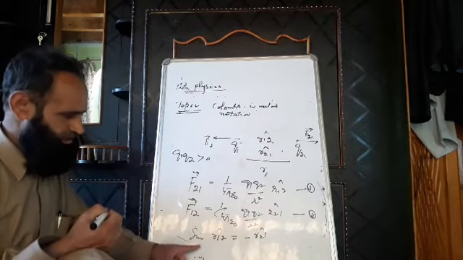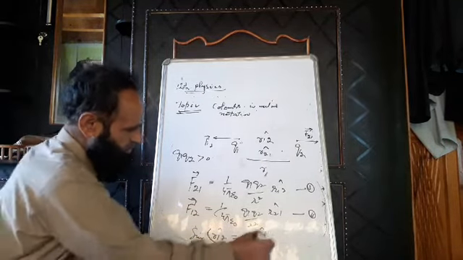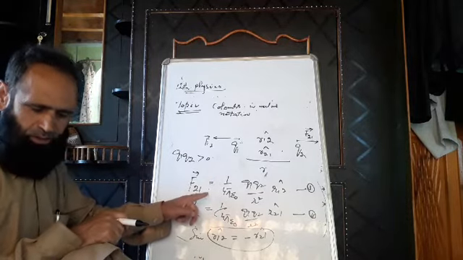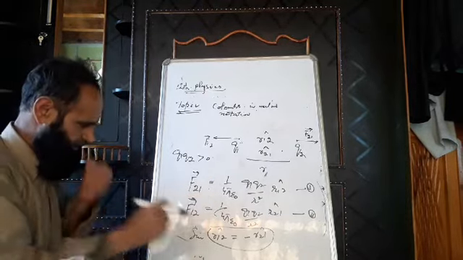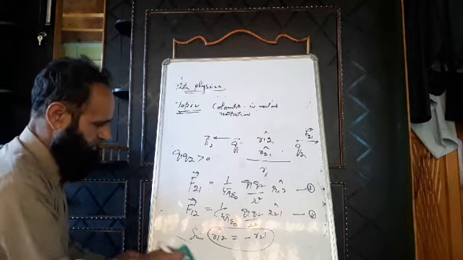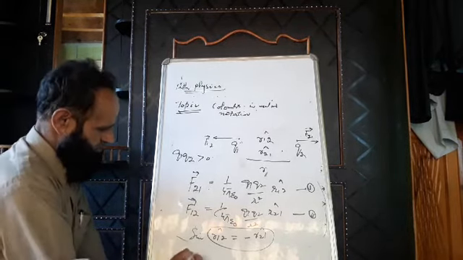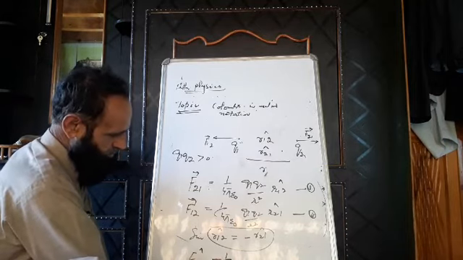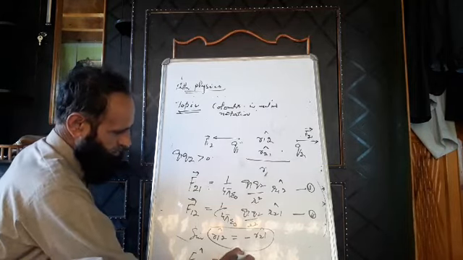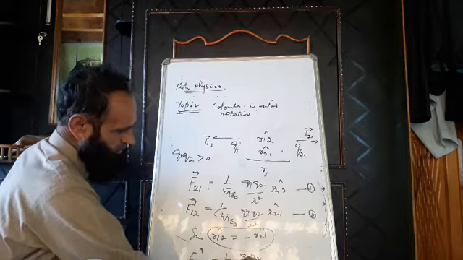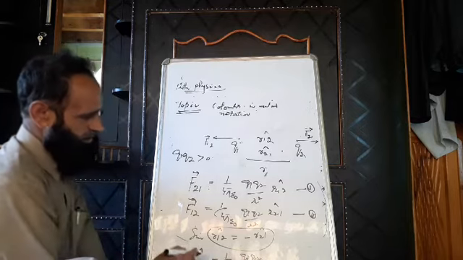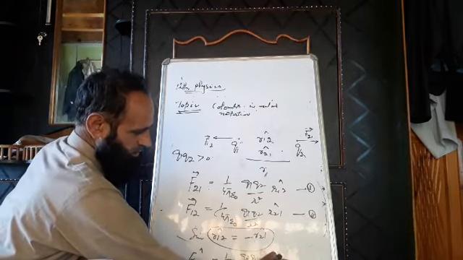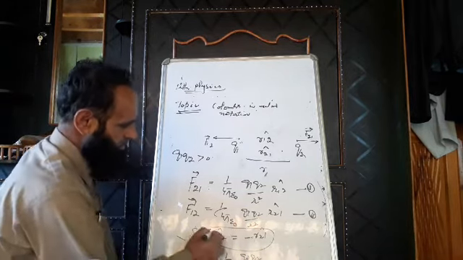Applying this condition in the above equations, F21 would be 1 by 4 pi epsilon naught Q1 Q2 divided by R square, and instead of R21 we can write minus R12.